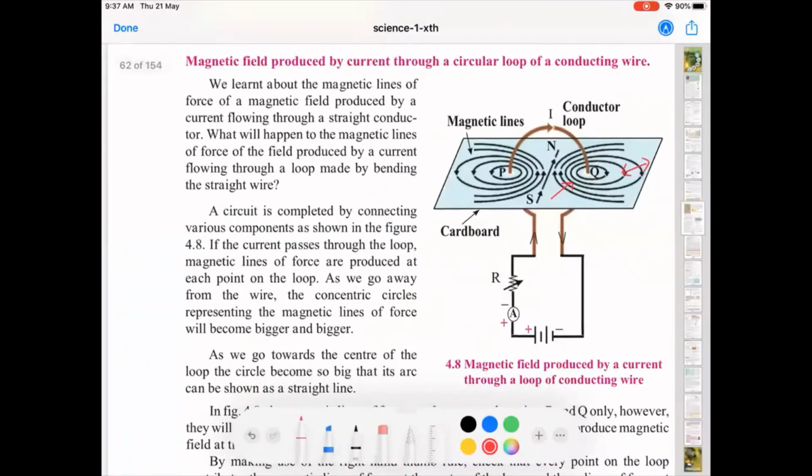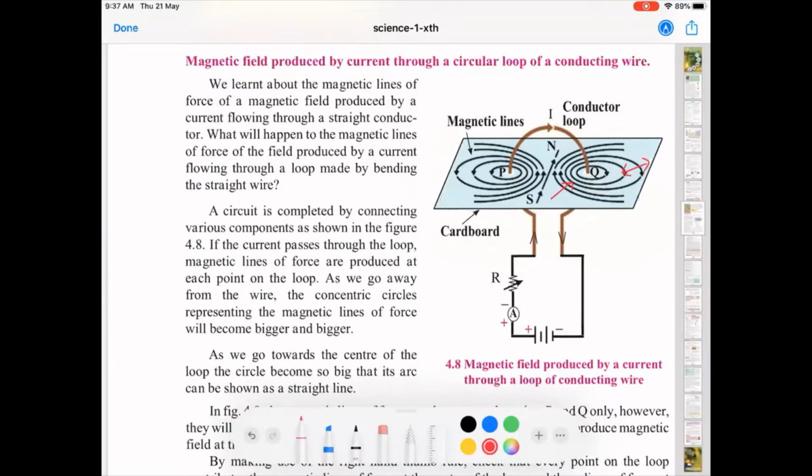Let us look at what we have here. We have the cardboard through which the circular loop is passed. There are two points P and Q through which the loop passes through the cardboard, and then it is connected to an electric circuit. The current is flowing from P towards Q, and this produces a magnetic field which is similar to that of a bar magnet.